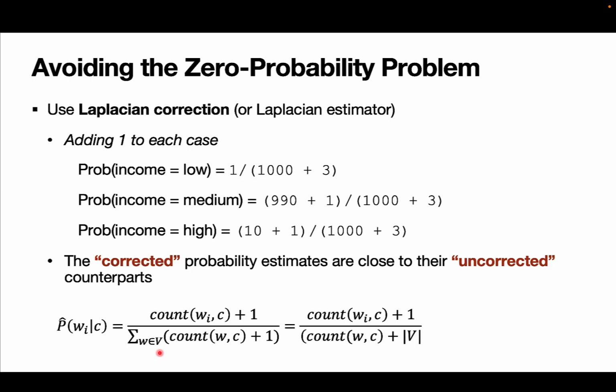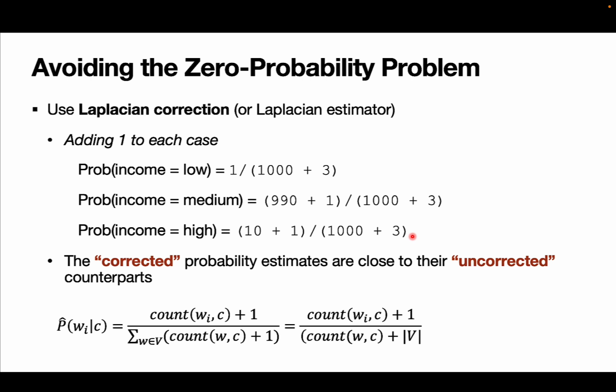To address this issue, we apply smoothing, and this technique is known as the Laplacian correction or Laplacian estimator. Essentially, we are going to add a value, typically 1, to each category. Then we compensate by the same amount in the denominator to maintain normalization, and then we compute our probabilities.